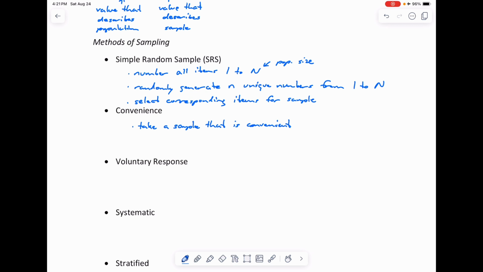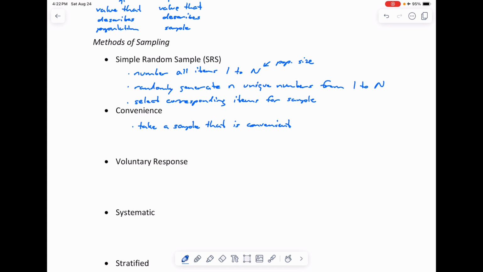Maybe I want to survey teenagers, so I go to a local high school and ask if the students can take a survey during a study hall. So it's convenient. The problem is that depending on what your population is, you may constrict your sample too small.